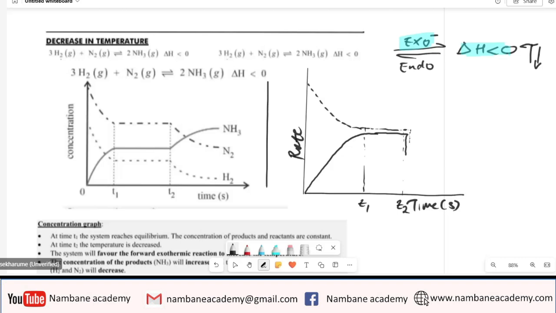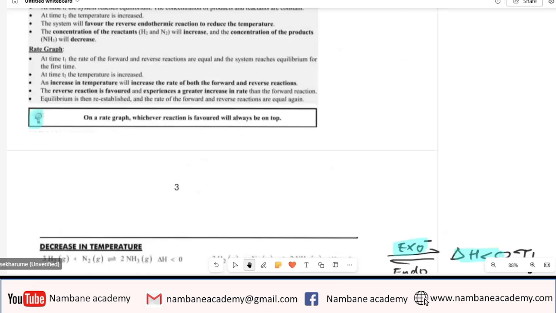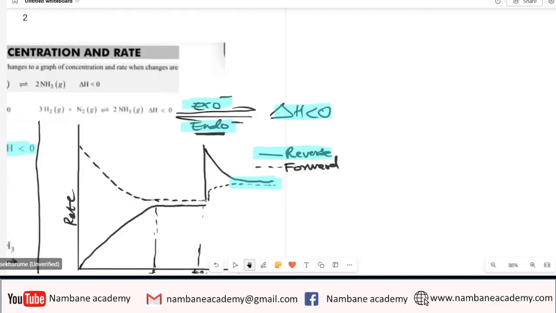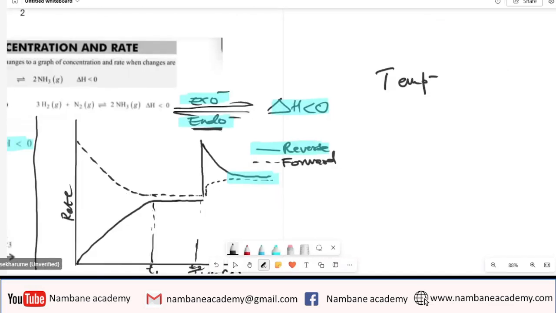But now, which one is favored? The one that is favored is going to decrease less. We need to be careful with this one. Coming back to the increase in temperature, I want to explain something there. If you talk about the increase, we talk about more.